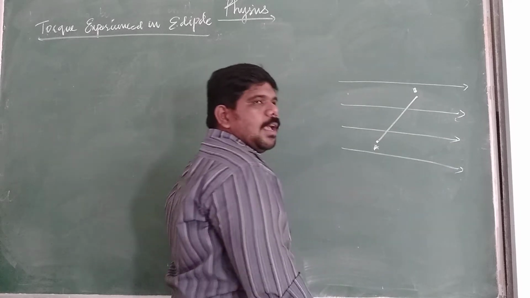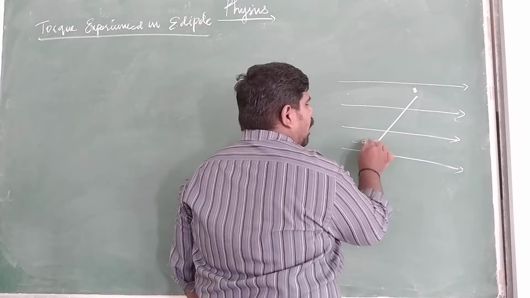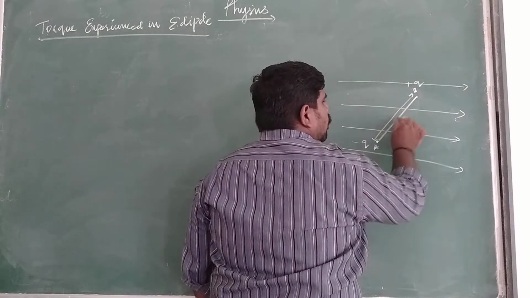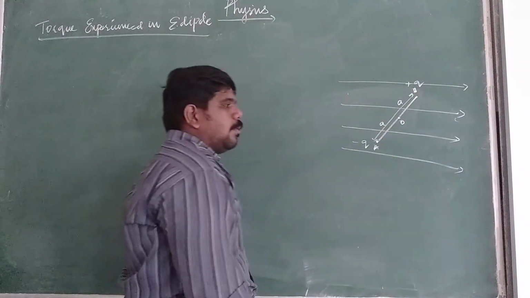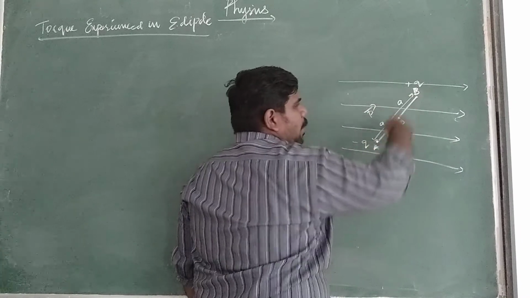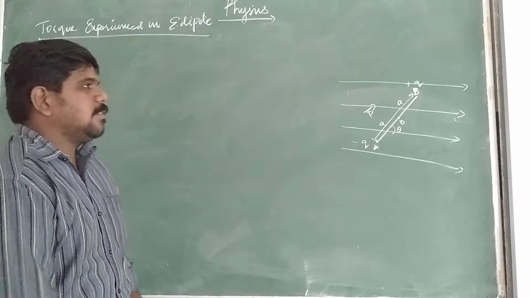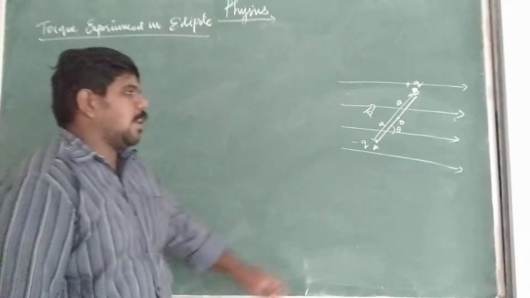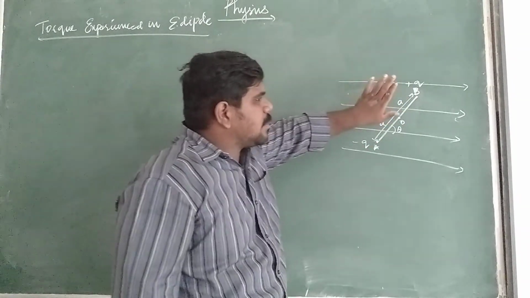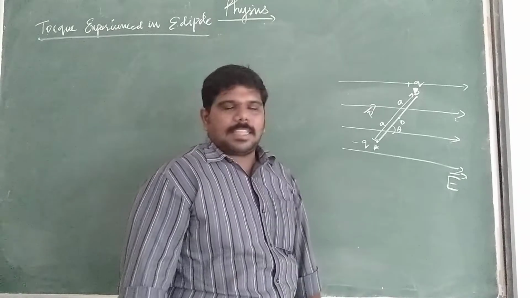A dipole has charges minus Q and plus Q separated by a distance 2a, about the point O. So this will be A and this will be the other A. Consider an electric dipole with charges minus Q and plus Q separated by distance 2a, with dipole moment P vector, placed in a uniform electric field at an angle of theta.